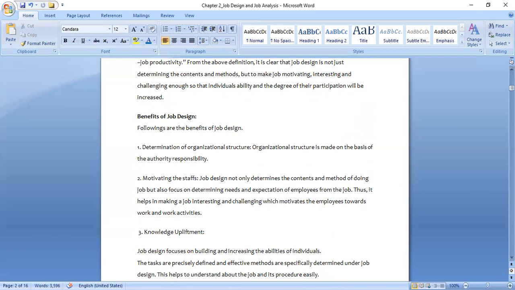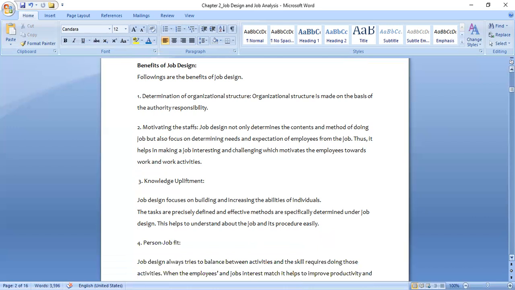Every person at each position is required to do their content requirements for that position and how they are supposed to be done. So at the end of the day, this improves the organizational structure.